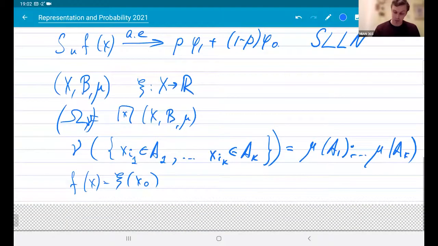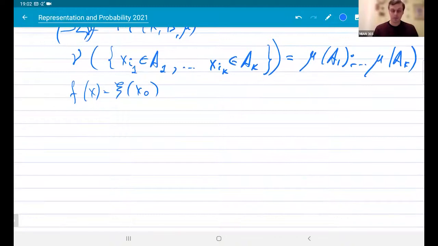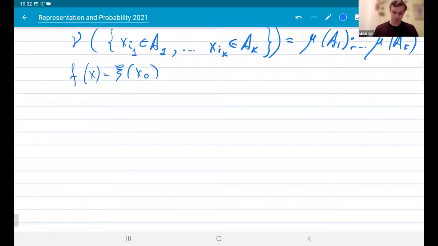So let us explain how to express the same in our dynamical way, in this mix between dynamics and probability. The CLT in these terms.